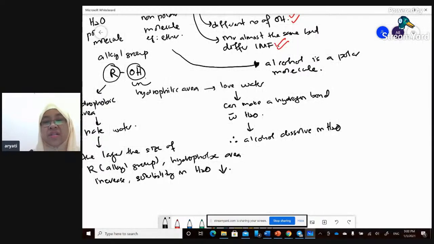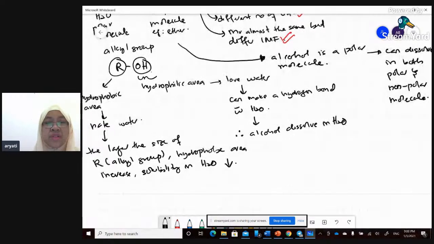So dia can dissolve in both polar and non-polar molecules.